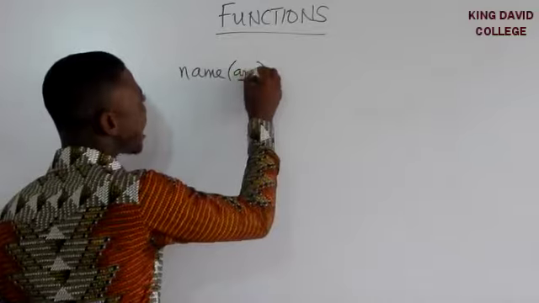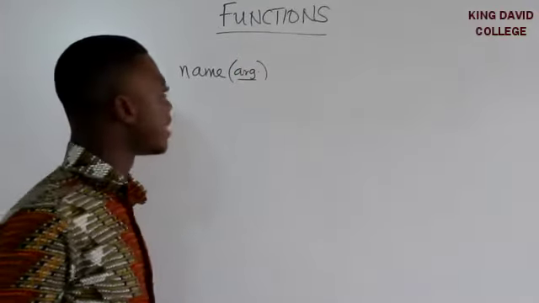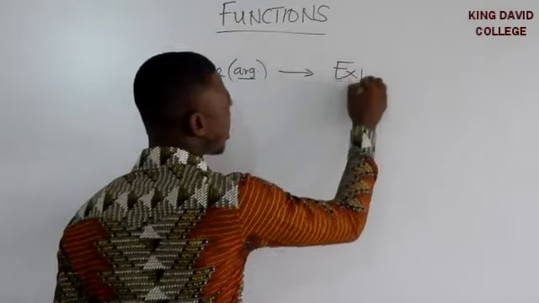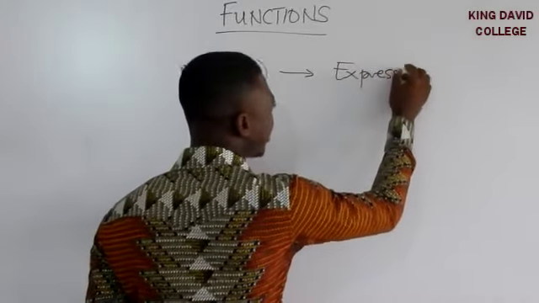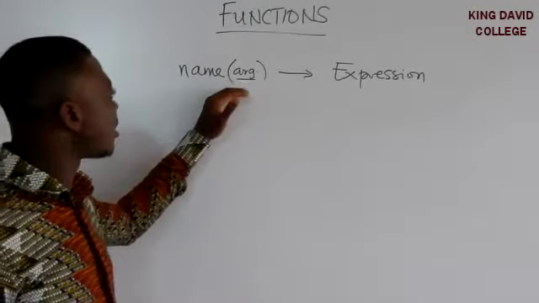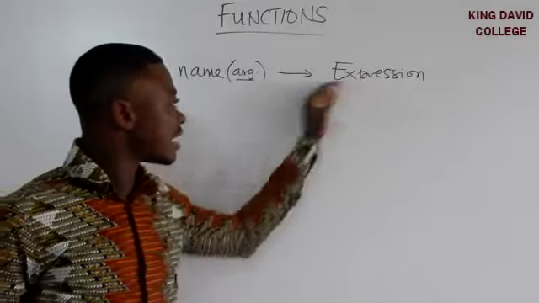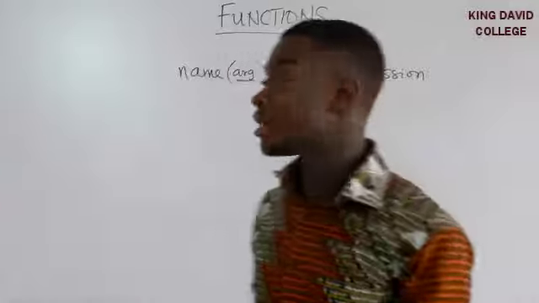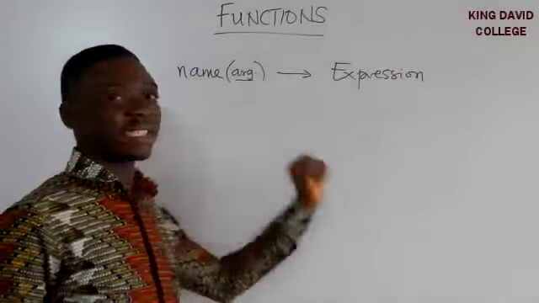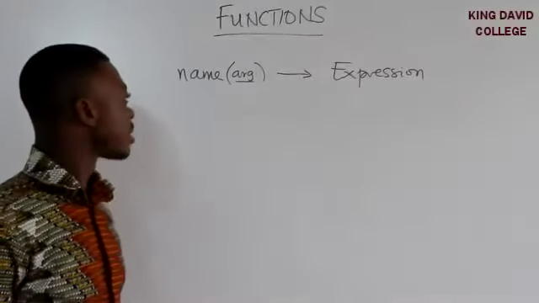So should we say the argument? And then this maps onto what? The expression or the notation, however you put it. So this is the general representation of a function. The name has an argument, and then the expression.